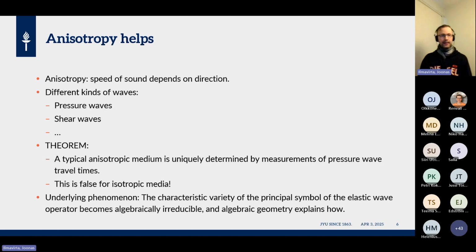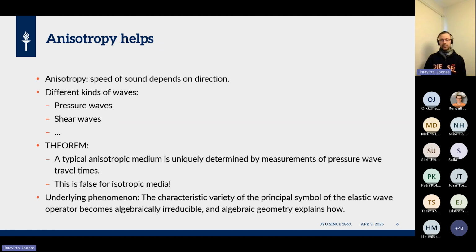But the curious thing here is that this theorem is false for isotropic media. If you assume that your material is of the simplest possible kind, that it is actually fully isotropic, so it's just the two speeds of sound for the pressure and shear waves, then pressure wave measurements will never be enough to determine everything. So you need to measure both kinds of waves.